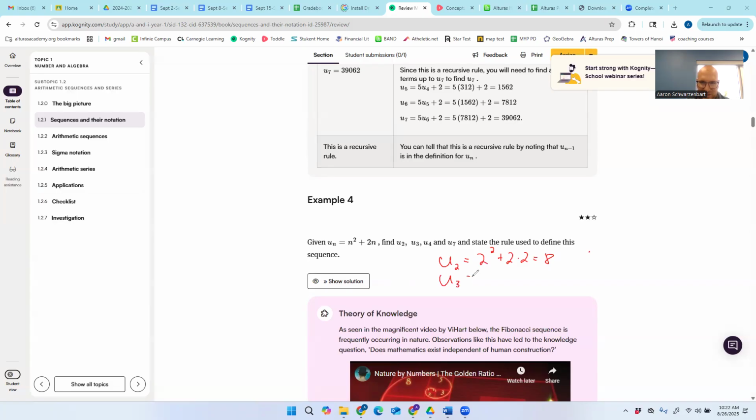U sub 3, that's 15. Here a mistake does not affect my next ones. Still ideal not to make them, but 4 squared plus 16, 24. 49 plus 2 times 7. 49 plus 14 is 63.